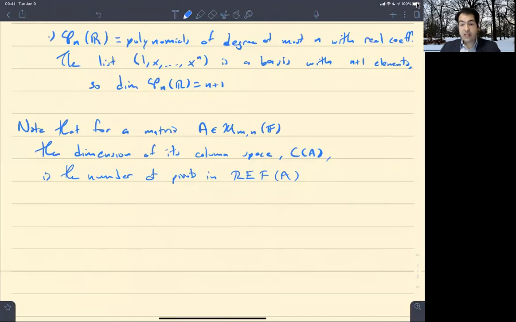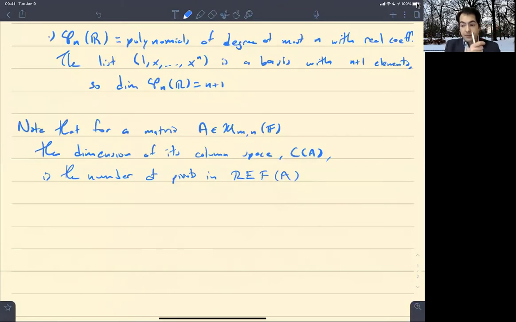And that's because the columns that have a pivot you can use to write the columns that don't have a pivot, the columns that correspond to free variables. Every non-zero entry in one of those columns occurs in a row that already has a non-zero entry before that in the reduced row echelon form.